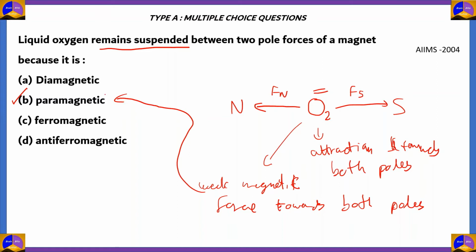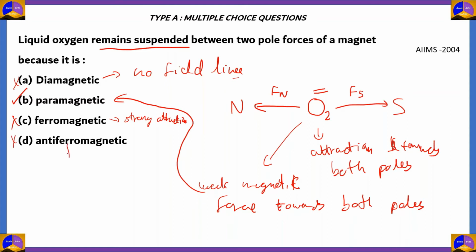In option A, diamagnetic, there will be, once again, no field lines passing through the magnetic field, and so option A is incorrect. Option C, ferromagnetic, we will have strong attraction towards one pole. So that is incorrect.